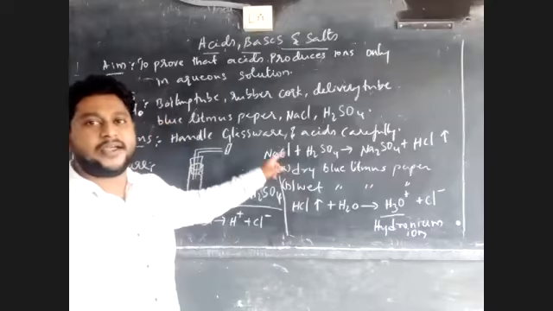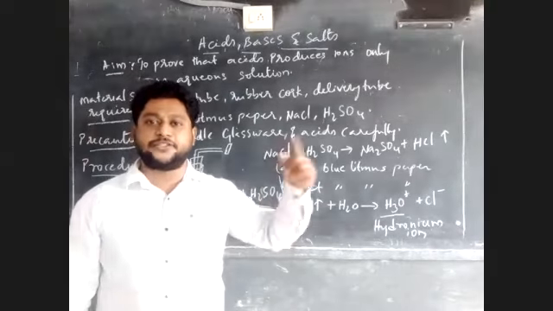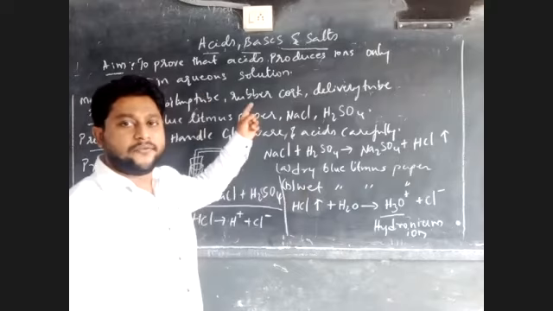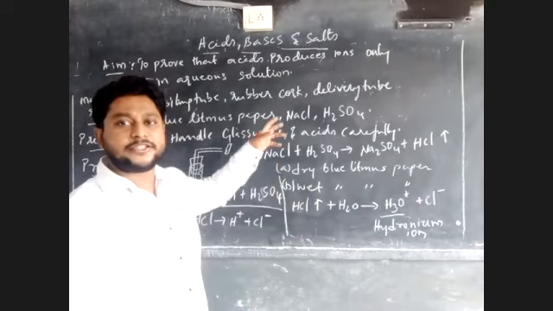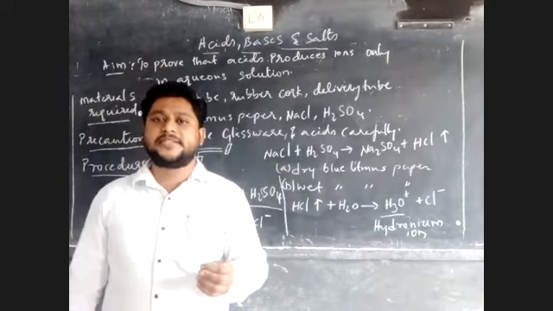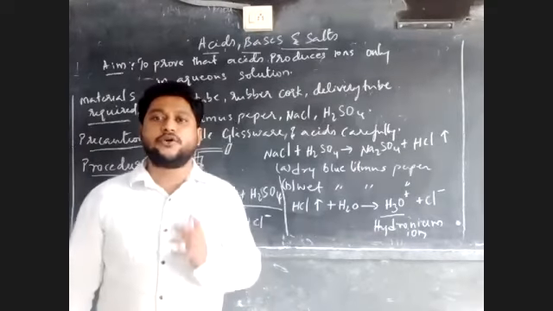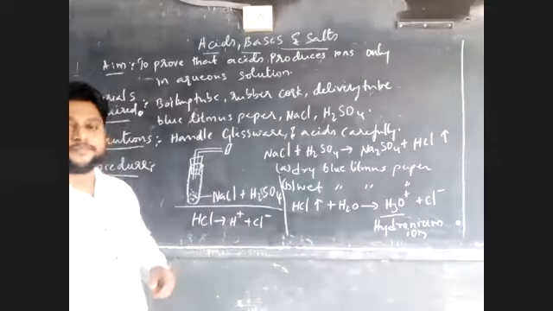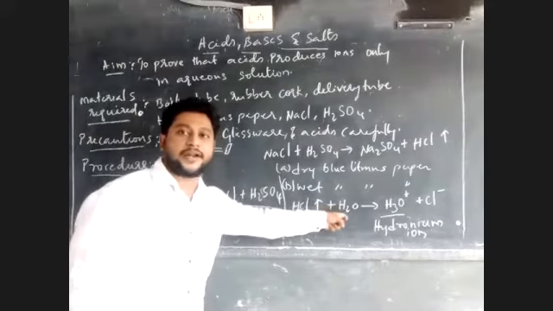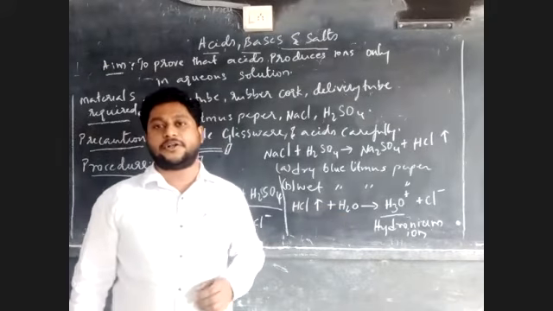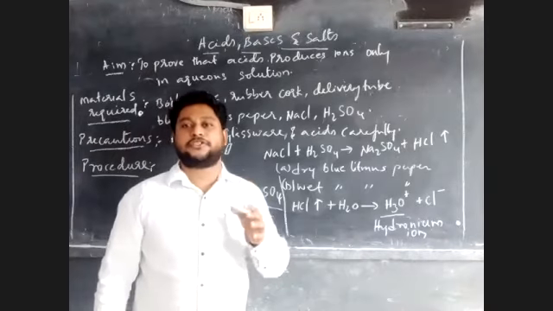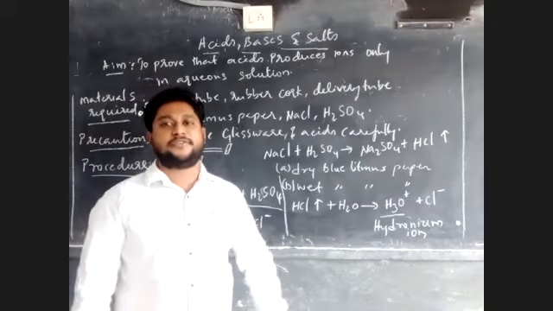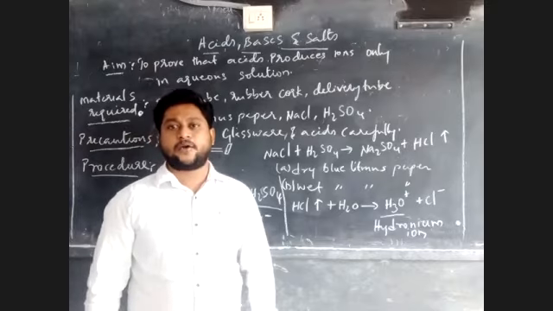That is the reason why wet blue litmus paper changed to red. Here it is proved that HCl or acids produce H plus ions in the presence of moisture, only in aqueous solutions. In dry conditions, it does not have the acidic nature.